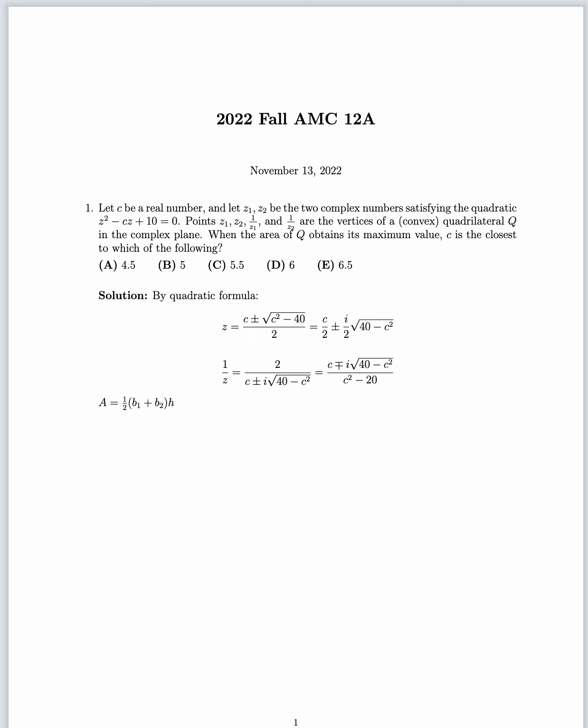So this is actually the base. Let me make the parentheses greater. That's okay. Now we want to multiply by the height, but the height is just C over 2 minus C over C squared minus 20. So C over 2 minus C squared minus 20, right?